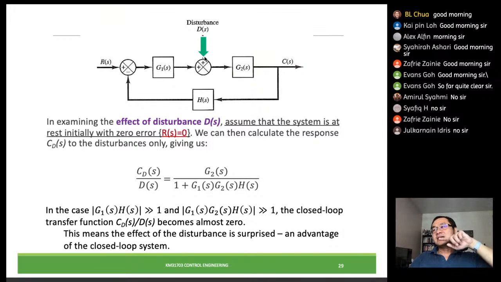This is the consideration that once this comes back like this, you will get this familiar form of feedback transfer function, the G2 divided by 1 plus, because here is minus. If we transfer this minus over here, then the minus will be here.